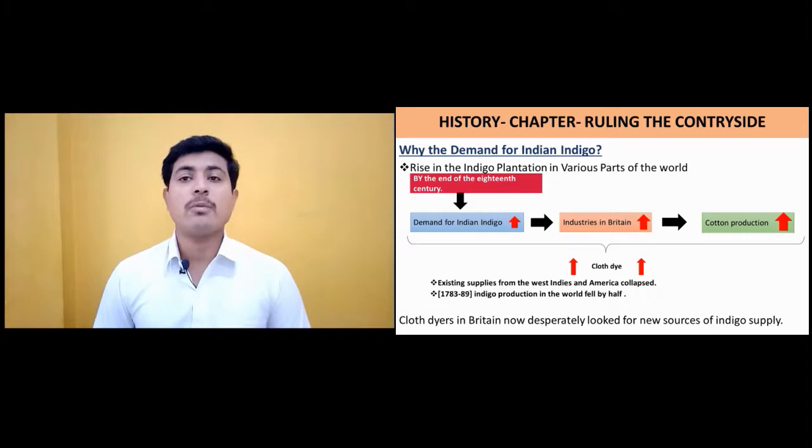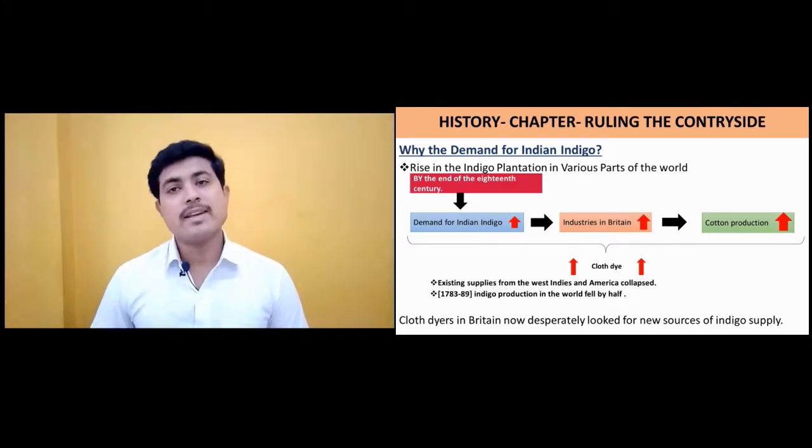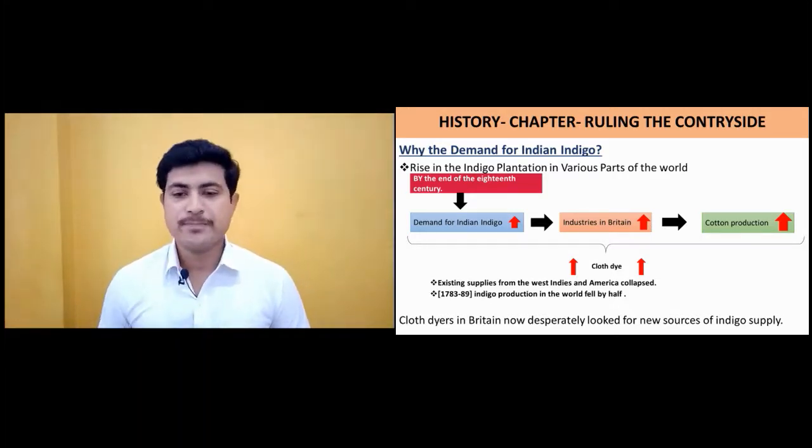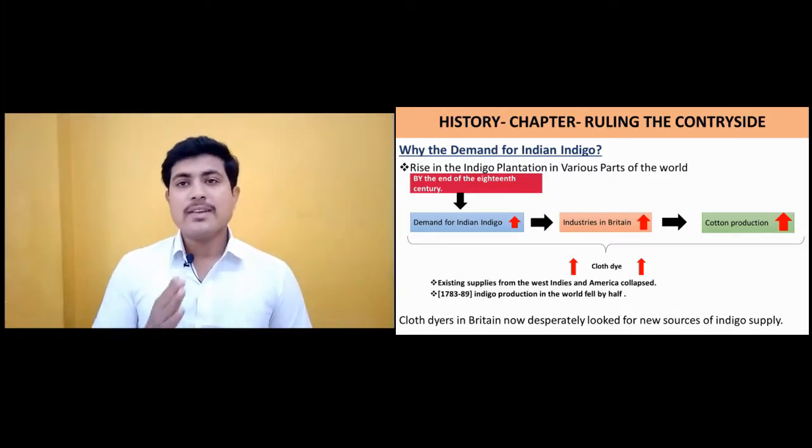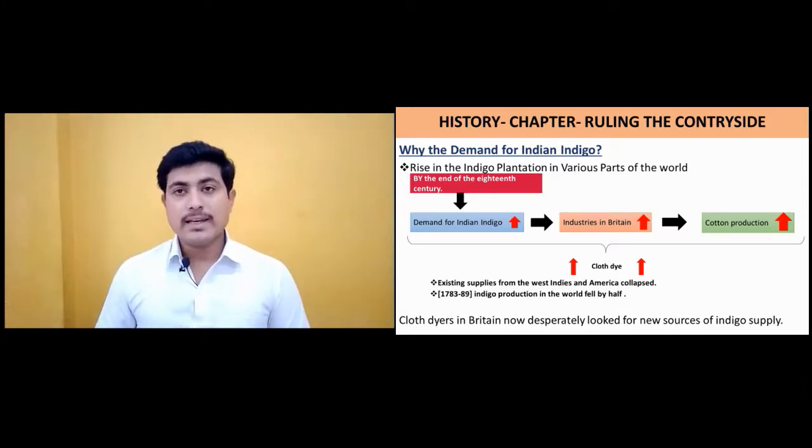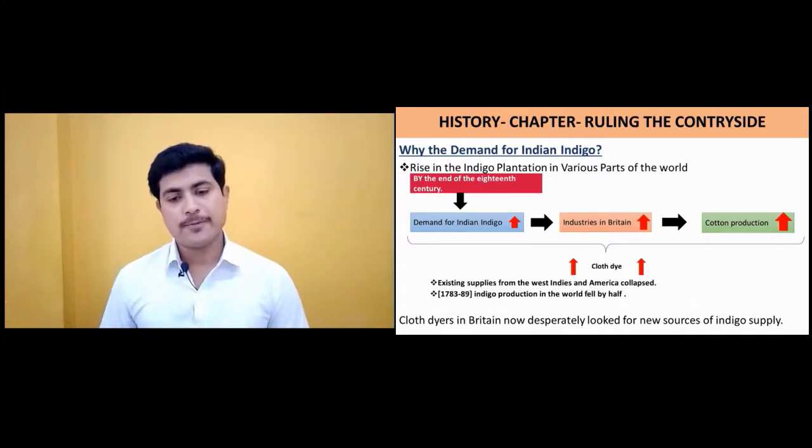But now the problem was that existing supplies from the West Indies and America collapsed, and from 1783 to 1789 indigo production in the world fell by half.